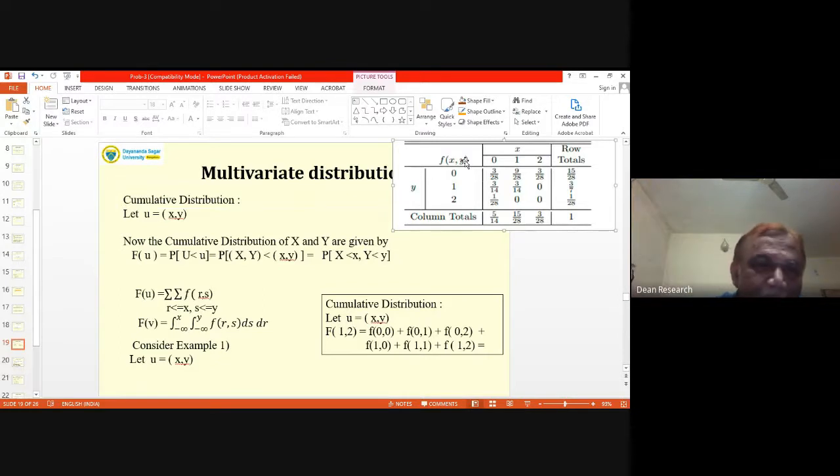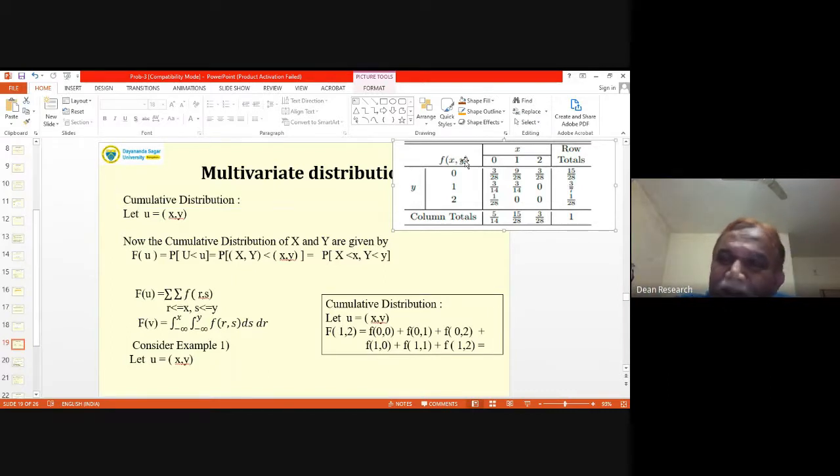Whereas in the case of multivariate distributions, it is a bit tricky to represent. Here there are two variables x and y, and that's why I'm writing u as a pair x comma y. We can call it a vector.